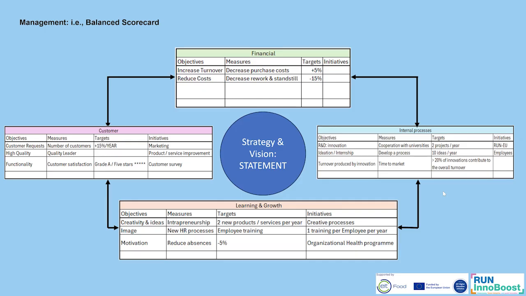This is underlined with a clear target. For example, the employees develop 2 new products or new services per year. And the initiative we as an organization need to take is the implementation of creative processes, like the session we talked about just 2 weeks ago.